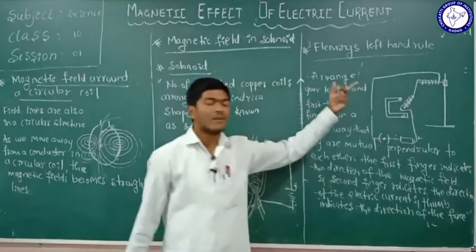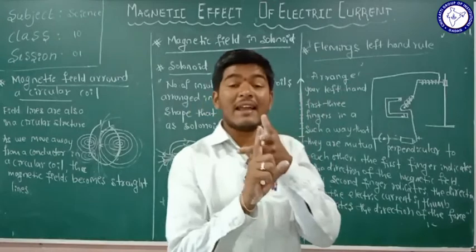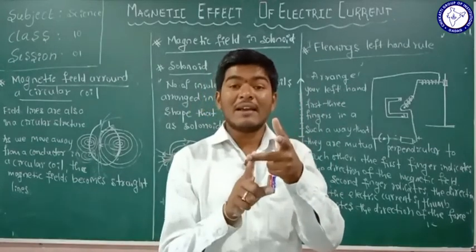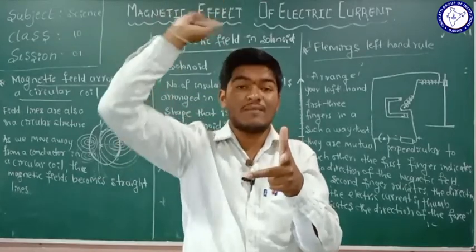So, according to Fleming's left hand rule, the forefinger indicates the direction of the magnetic field, the middle finger indicates the direction of the current, and the thumb indicates the direction of the force.